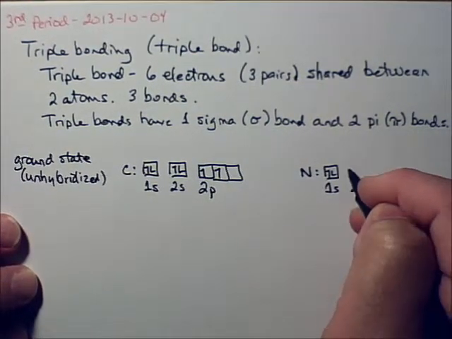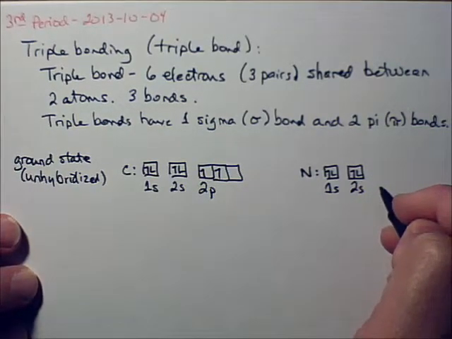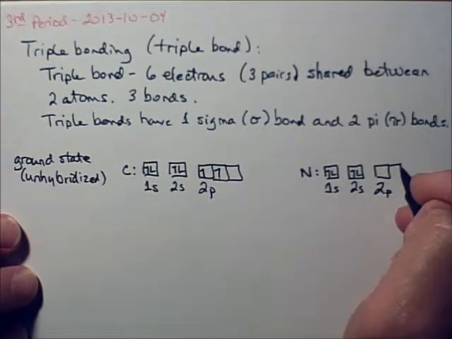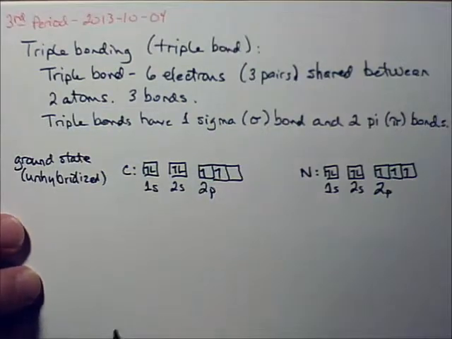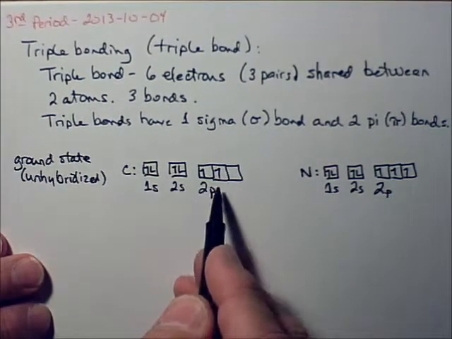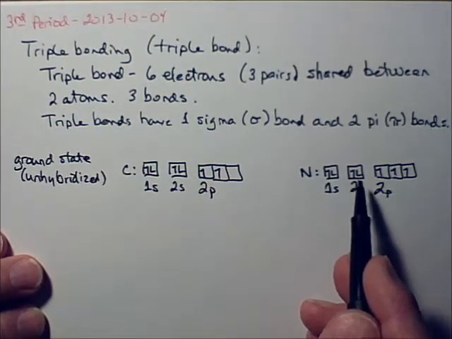Then in the second level, we're going to have 2 electrons in 2s. We're going to have 3 electrons in 2p. So 1 electron in each box, and we stop, for a total of 5 valence electrons here. Carbon has 4 valence electrons, 1, 2, 3, 4. Nitrogen has 5, 1, 2, 3, 4, 5.